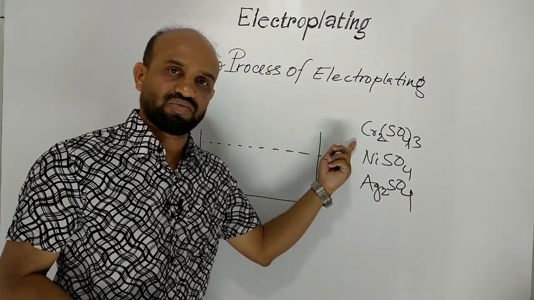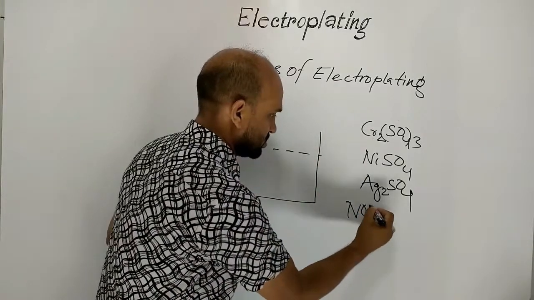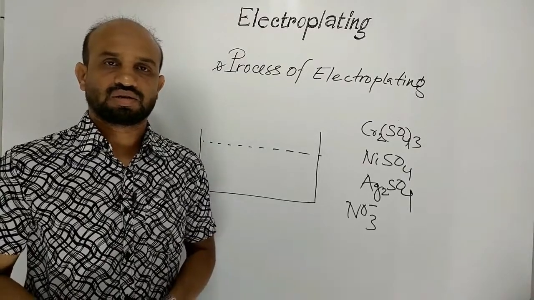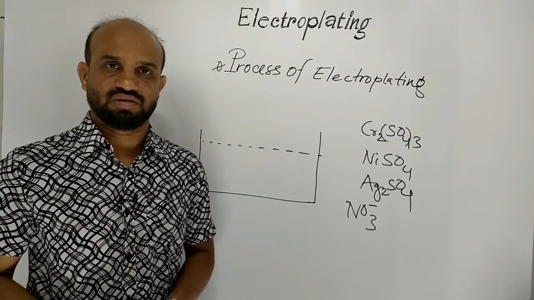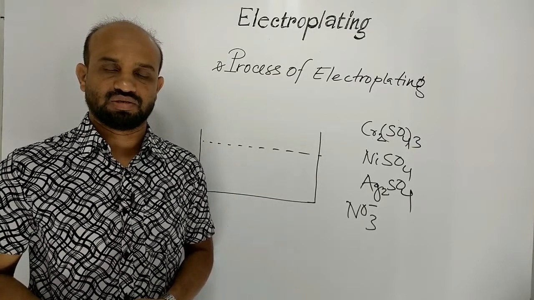It should be a sulfate salt or nitrate salt, because sulfate and nitrate cannot oxidize easily. It benefits the electroplating process.